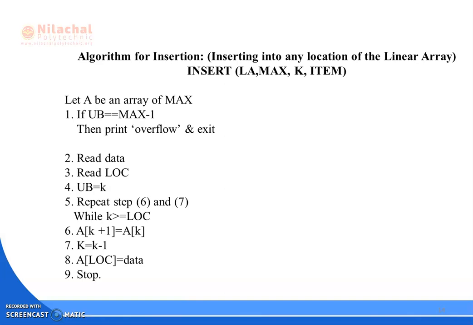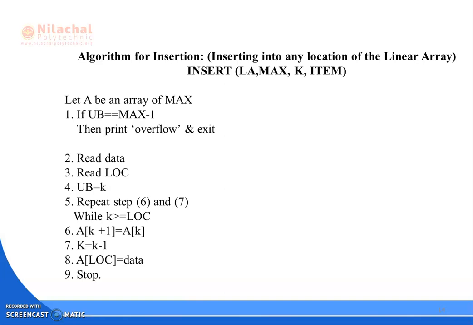First of all, we already know that for inserting any element in the array, first we have to check whether the array has any space to insert, or if it is full, then we cannot perform the insert operation. It will just print overflow and exit. For that we have a condition.